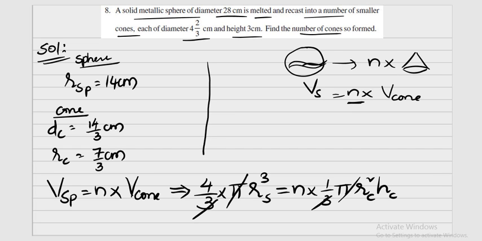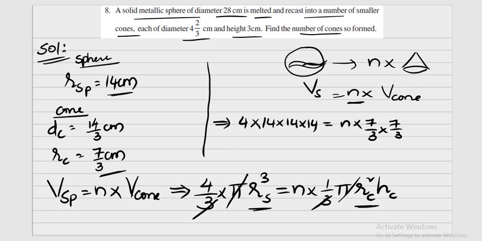Now whatever remains, substitute those values. What am I going to get here? 4 into the radius of the sphere, which is given as 14 centimeters. So it is 14 into 14 into 14 is equal to n into, radius of cone is 7 by 3, so 7 by 3 into 7 by 3 into height of cone.